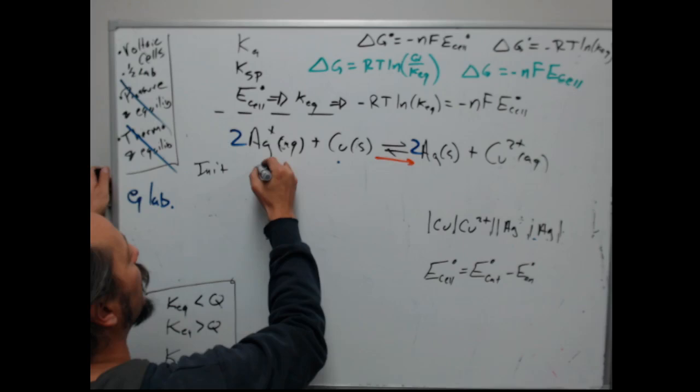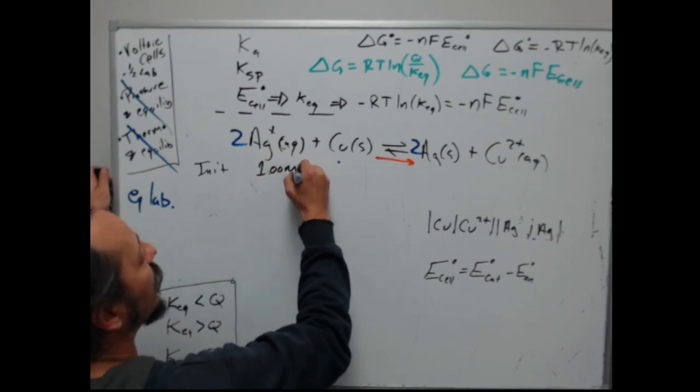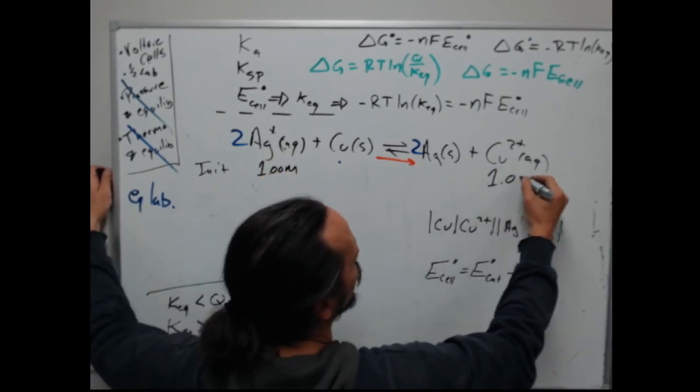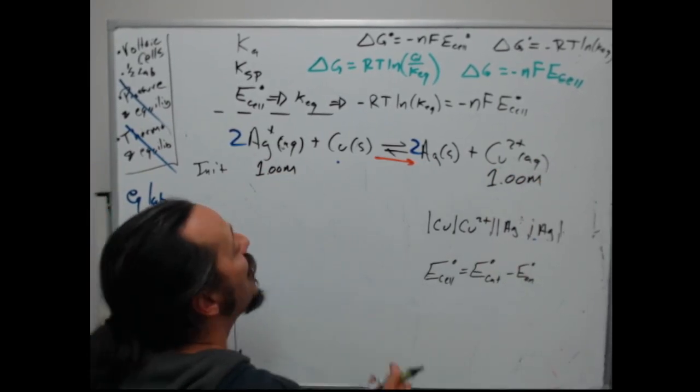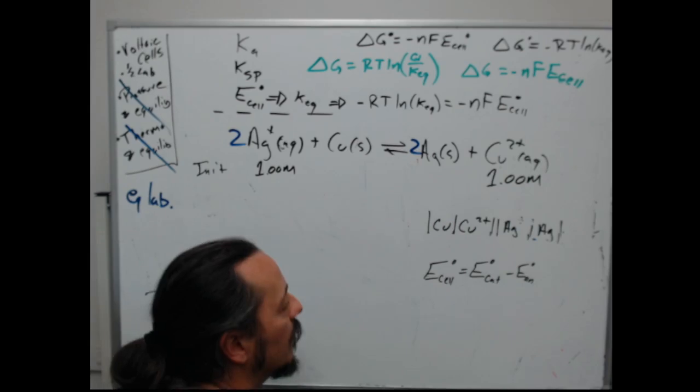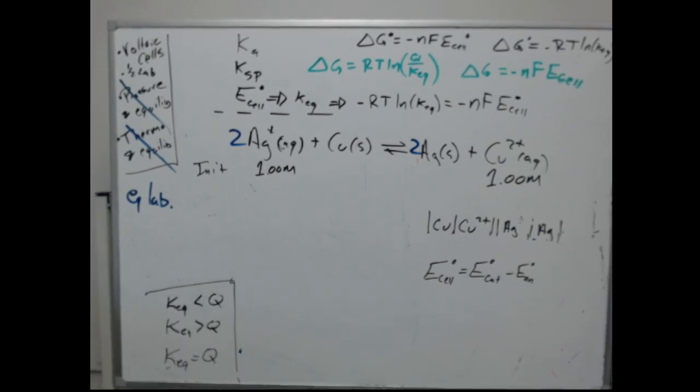If I had my initial 1.00 molarity, 1.00 molarity, that would get me standard cell potential. It's not equilibrium, it's standard cell potential.